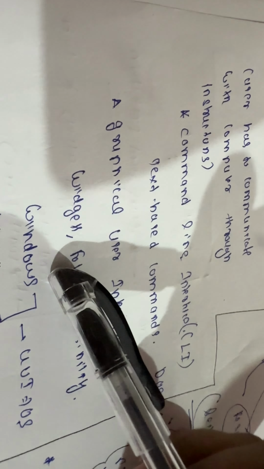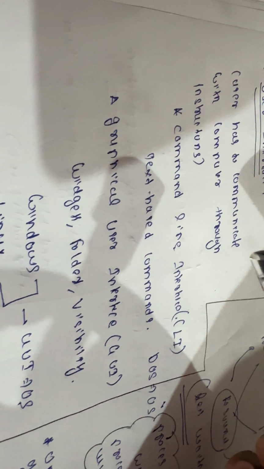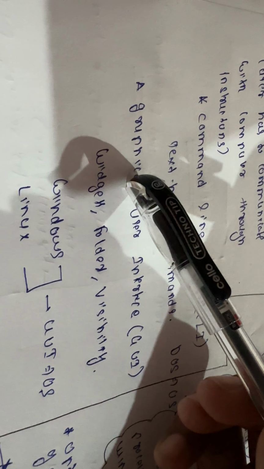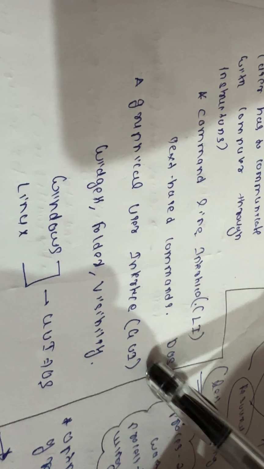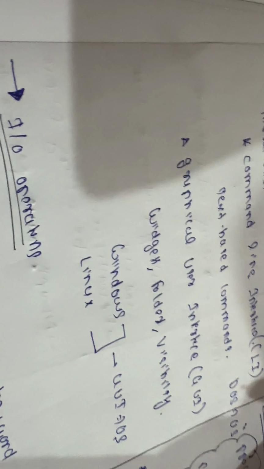Actually, there are basically two user interfaces provided by the operating system, that is the command line interface and the graphical user interface. The DOS operating system uses the command line interface, which is text-based commands. With the graphical user interface, you can see the folders, the visibility. That is in Windows and Linux. In your computer, Windows and Linux are all graphical user interfaces.